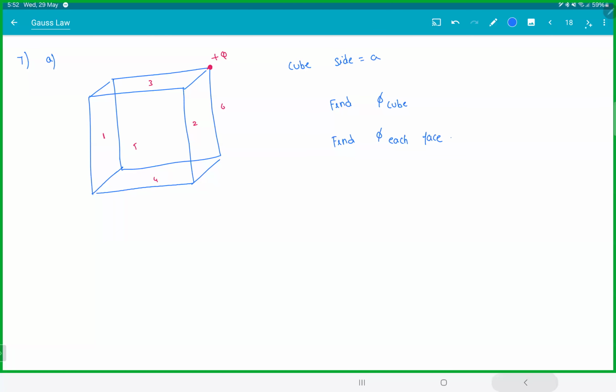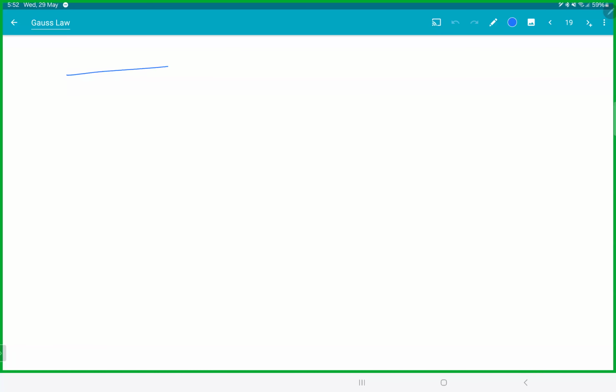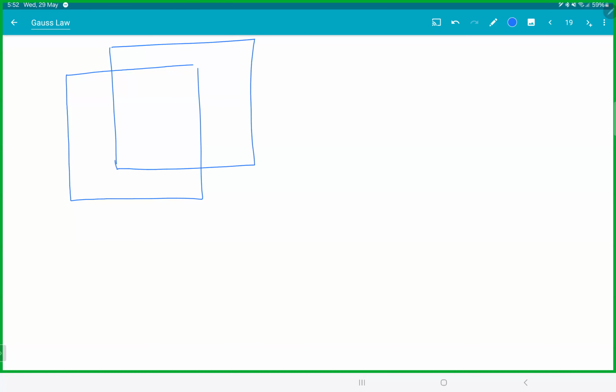Okay, first one is the easy one. So in this big cube, if you take this small cube here, this point charge is q.